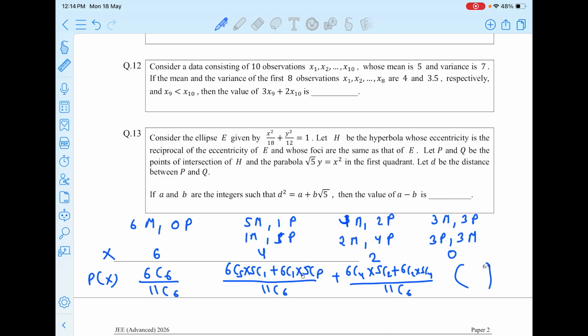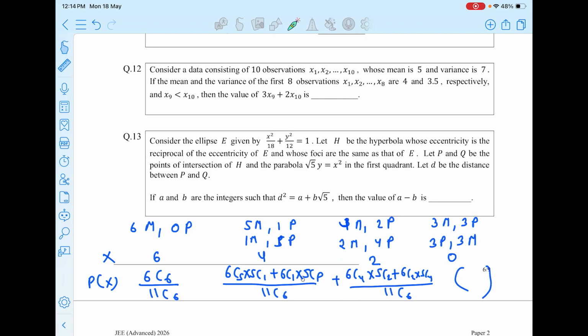Or 0. Ideally it does not matter because they are asking the mean. When you find the mean, you multiply with 0, so no need to count it. So just multiply this into this, this into this, this into this, you will get the answer.